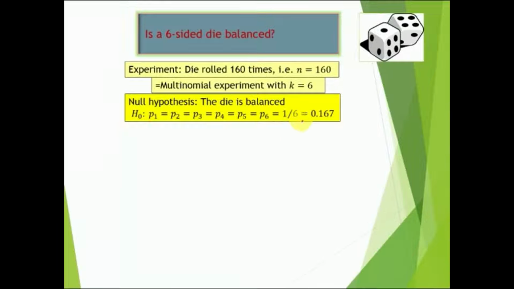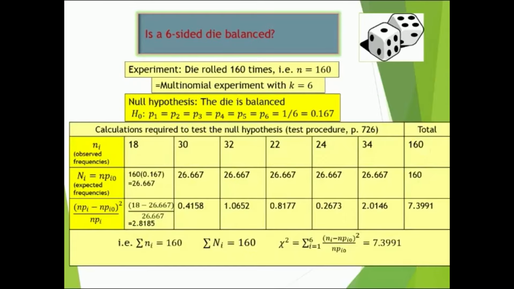Now I've indicated that a table to solve this problem is very convenient. So here's my table. The calculations required to test the null hypothesis: there are our observed frequencies, which are given. My expected frequency in my first category is 160 times what is specified for P1 under the null hypothesis.